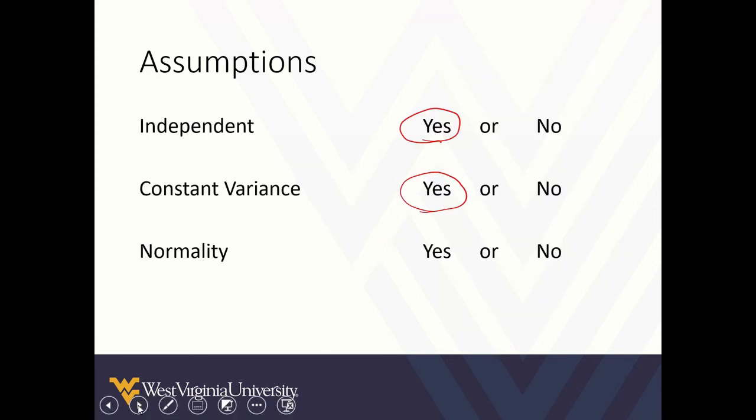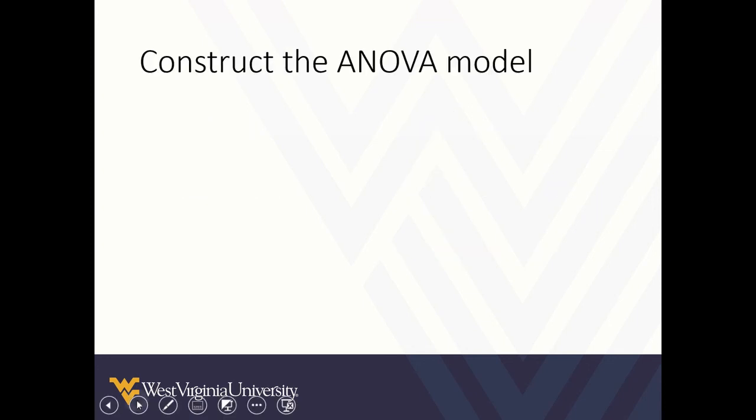So I'm going to say it's normal enough and go ahead and say, yes, that holds. Because we have now assessed our assumptions and found them okay, it's okay to move on and construct our ANOVA model. And this would be our fixed effects ANOVA model.